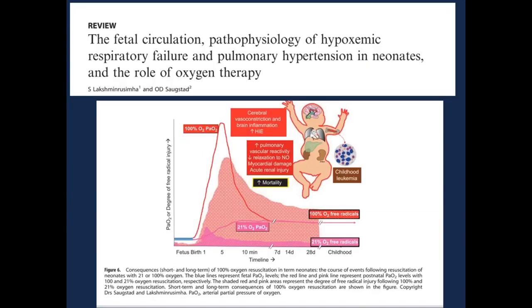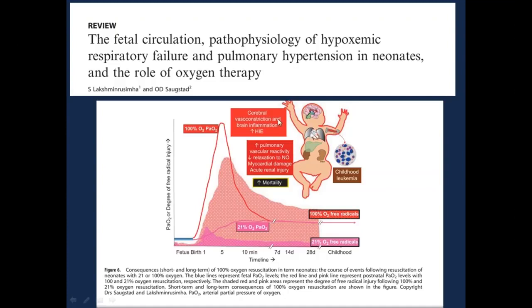A long time ago, we were considering 100% oxygen for resuscitation, including infants with HIE. And now we understand that resuscitation with room air is much more beneficial, and resuscitation with 100% oxygen is really harmful.